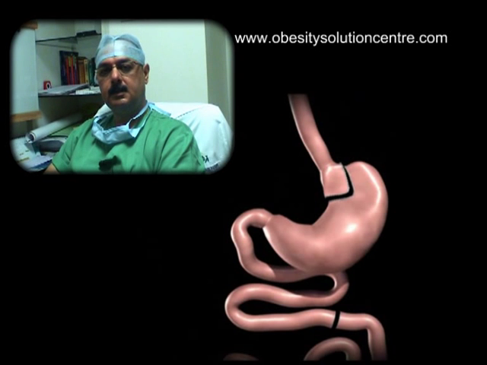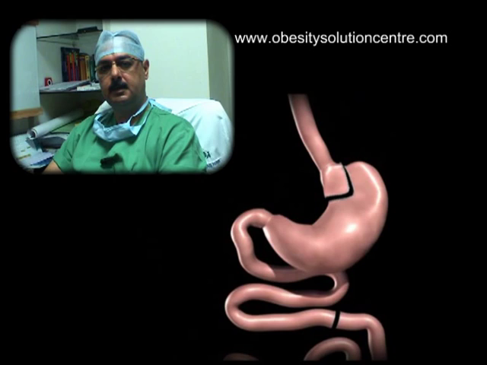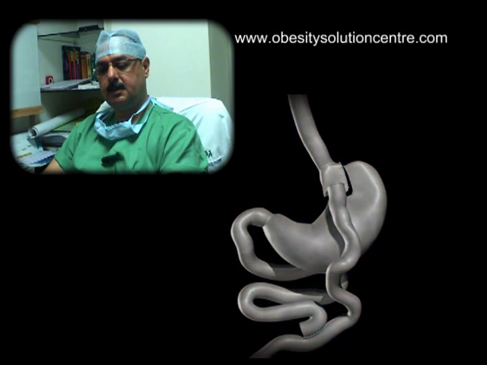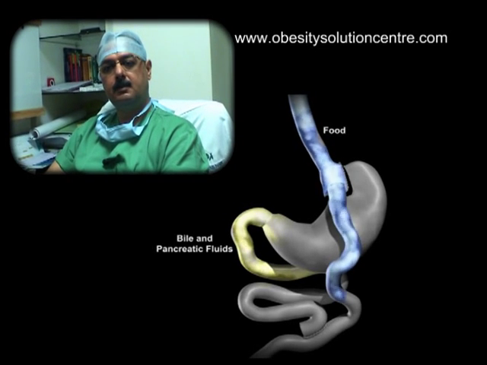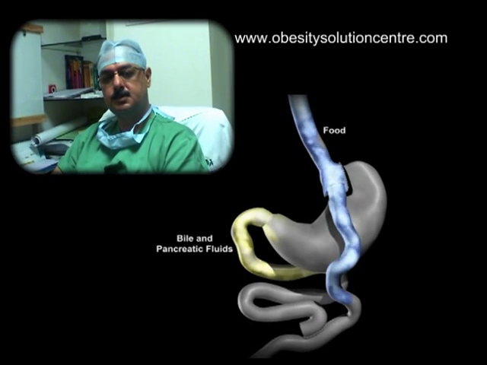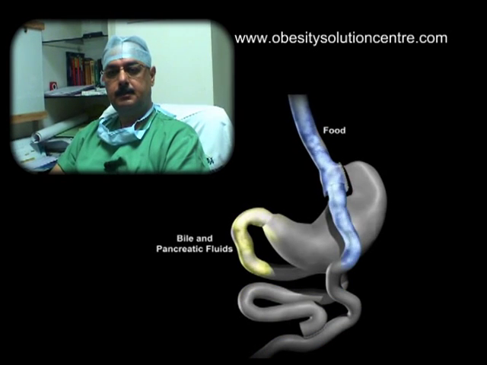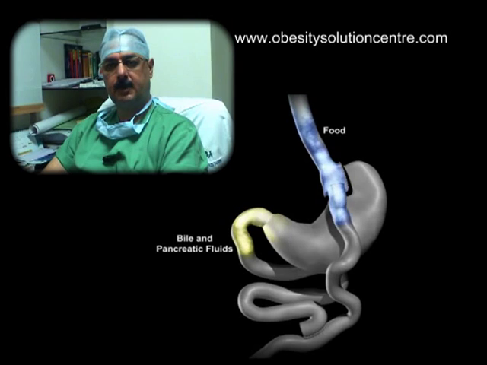Once we do this, the proximal end of the small intestine is anastomosed again to the distal limb at a distance of about 100 centimeters. So what happens is, when a patient takes food, the food passes without coming in contact with any digestive juices for about 150 to 200 centimeters, depending on his BMI and the comorbidities that he is suffering from.